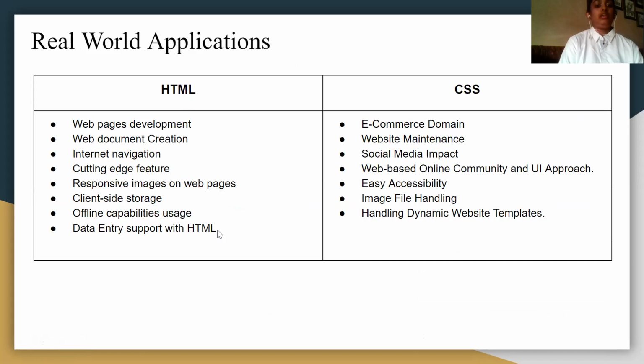These are all the uses for HTML. For CSS: the e-commerce domain, website maintenance, social media impact, web-based online community and UI approach, easy accessibility, image file handling, and handling dynamic website templates.